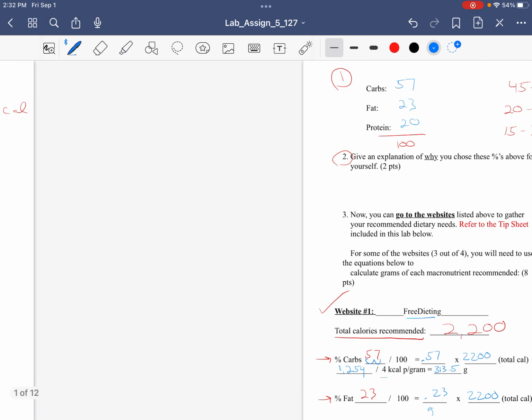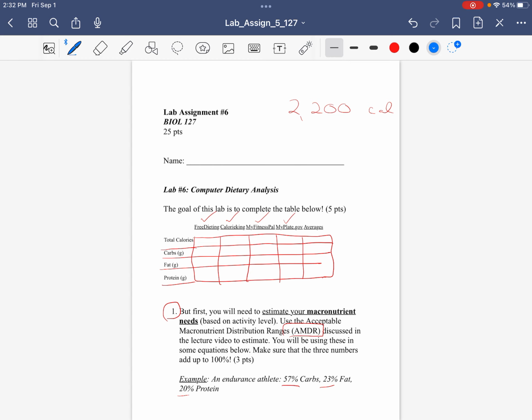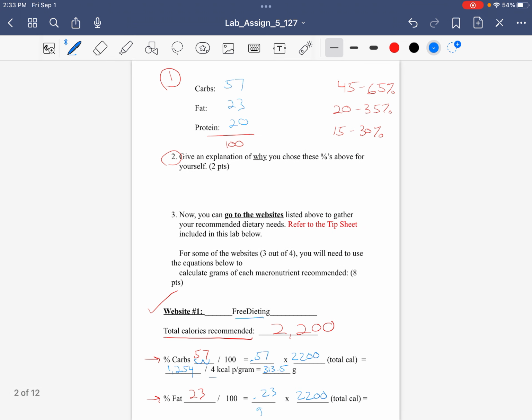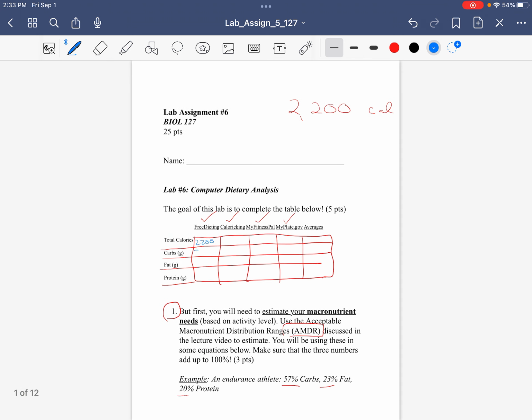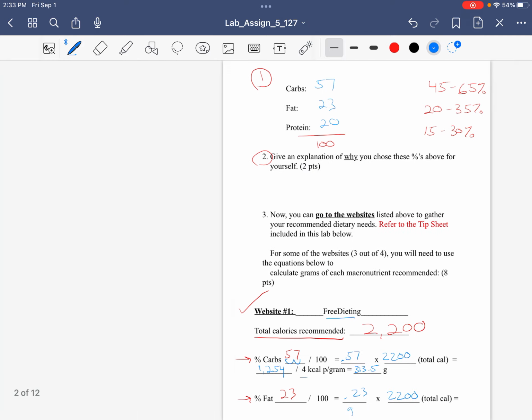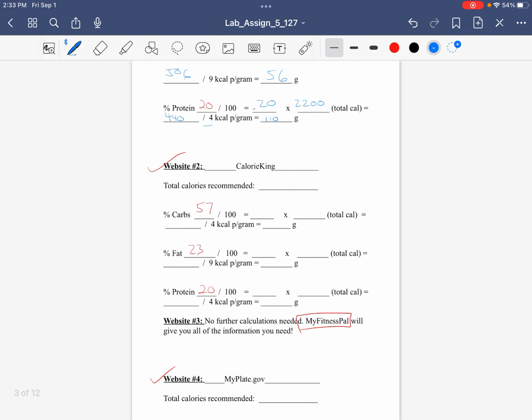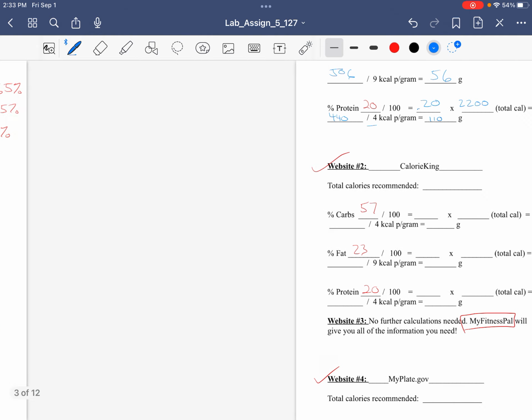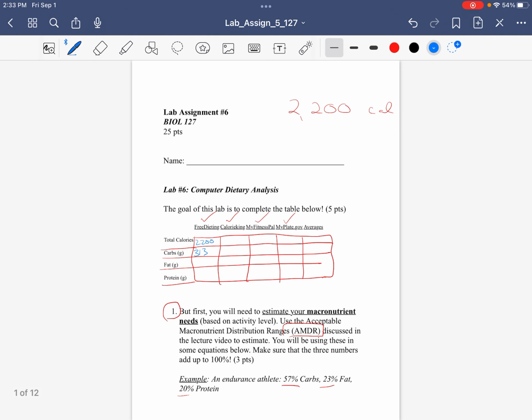So for free dieting, I would input free dieting, 2,200 calories. What did I calculate? 331 grams of carbs. How many grams of fat? 56. How many grams of protein? 110. So 56, 110. And you'll repeat for the remaining 3 websites, okay?